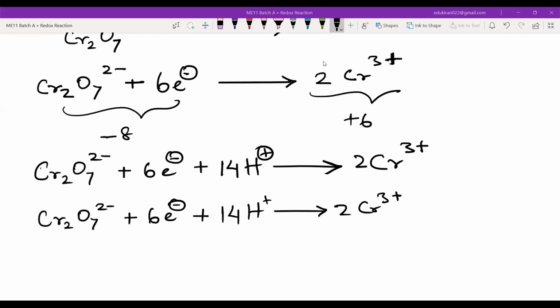Now let us concentrate here. Okay, so tell me how many water molecules should I add here? We have 14H plus and 7 oxygen. That is the only thing which is not balanced. Everything else is balanced.